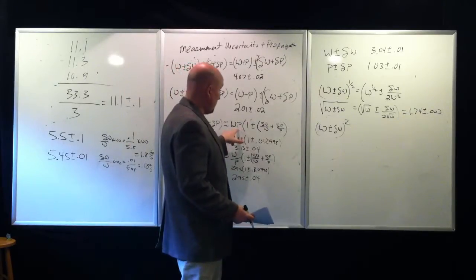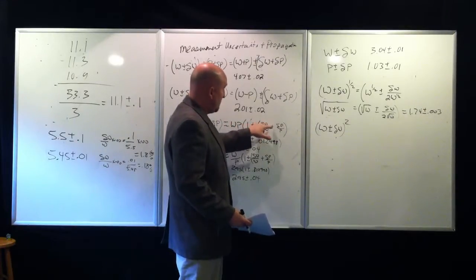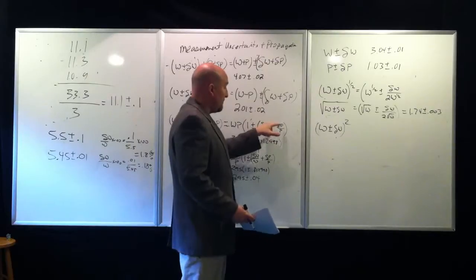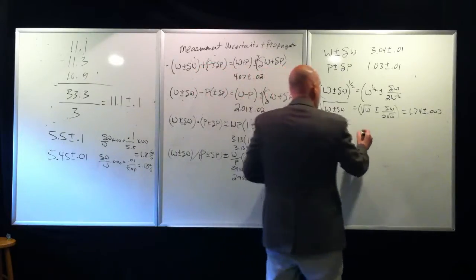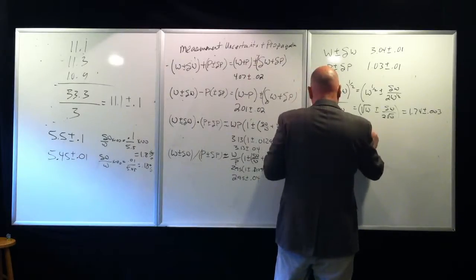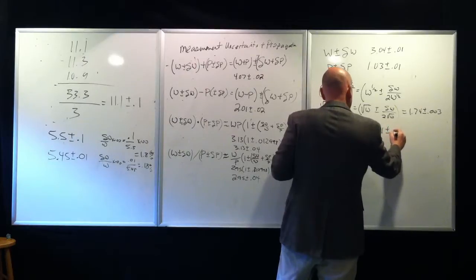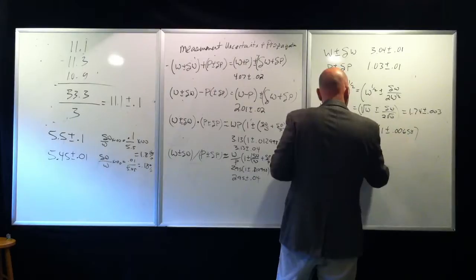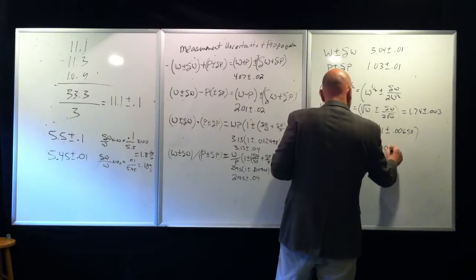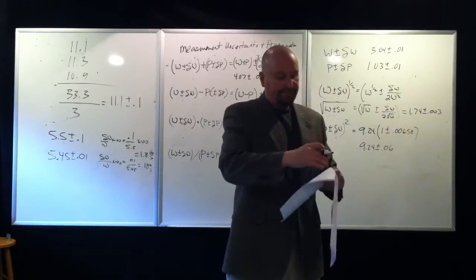So this is W times W, or W squared, times 1 plus or minus delta W over W plus delta W over W, which is 2 delta W over W. The result would be 9.24 times 1 plus or minus 0.00658. Rounding, 9.24 plus or minus 0.06 for that calculation.